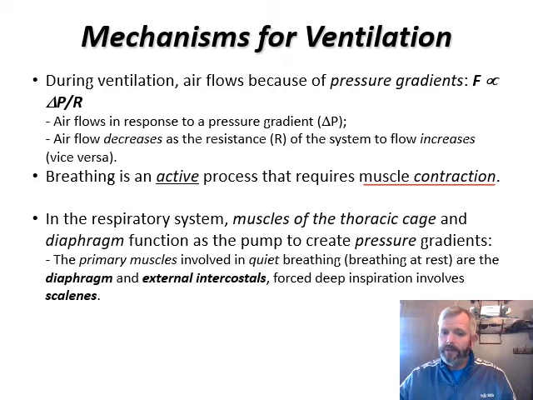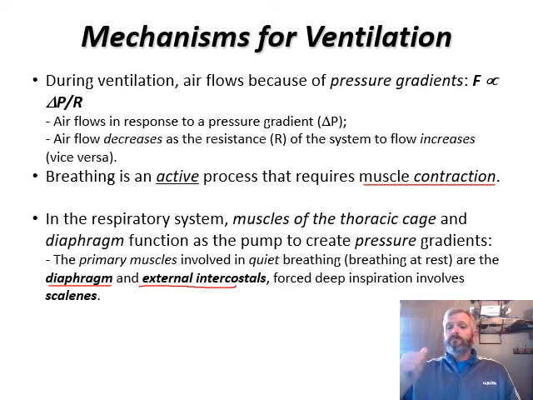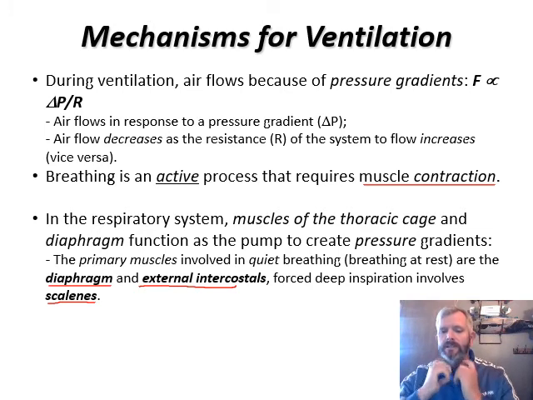For quiet breathing, when we're just sitting restfully, inspiration uses the diaphragm and some of the external intercostals. And when we need deep inspiration, the scalenes and the sternocleidomastoids, those muscles up here in the neck tethered to the thoracic region, are involved in inspiration.